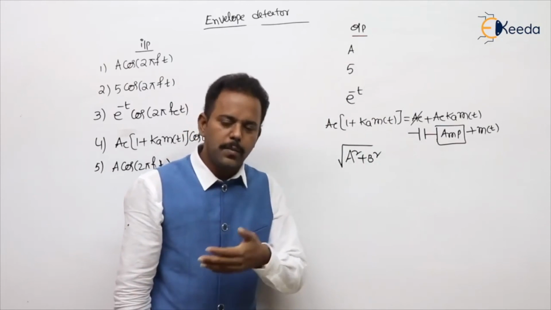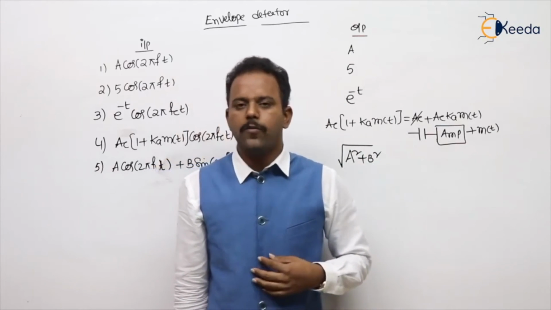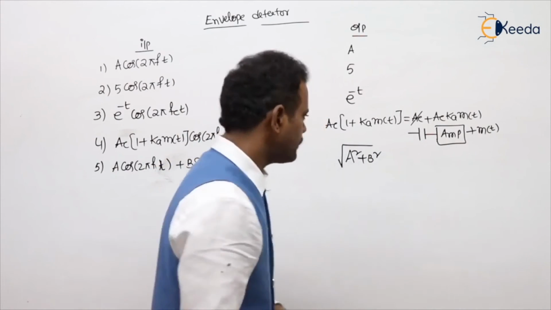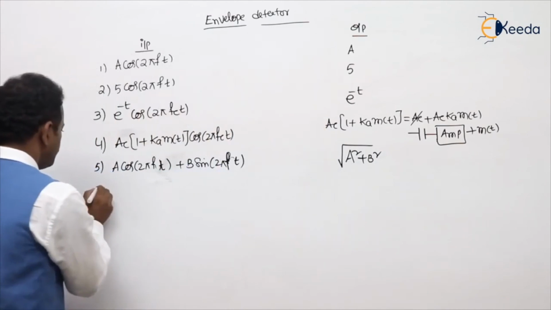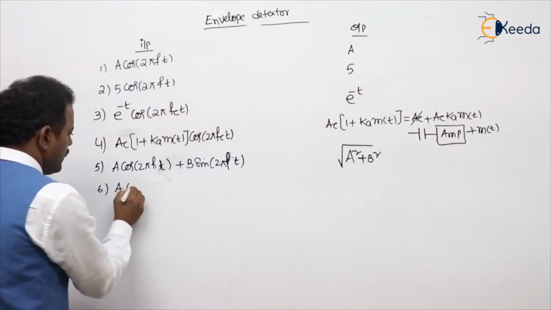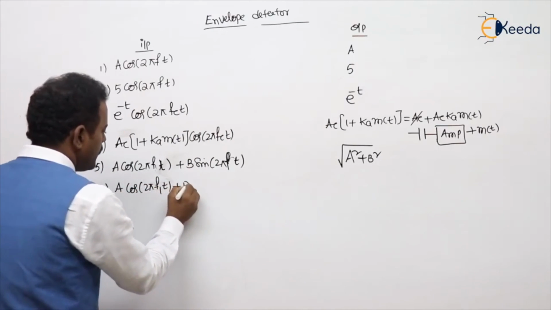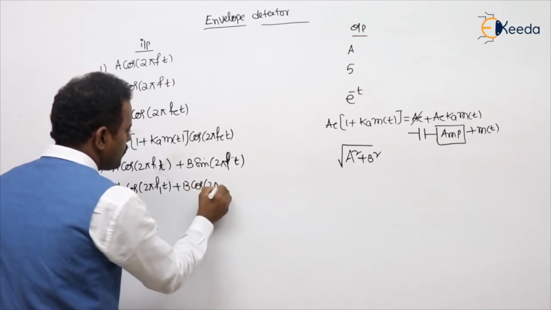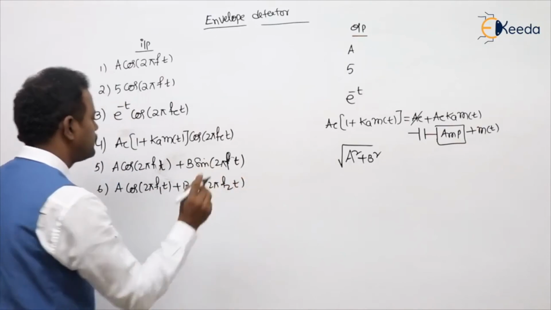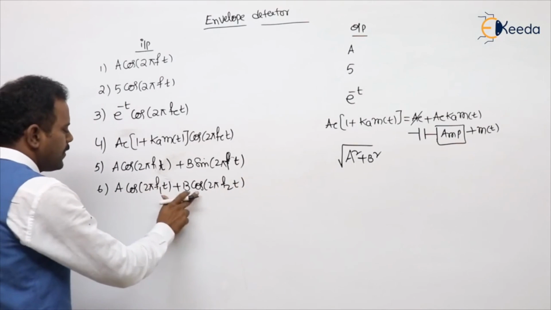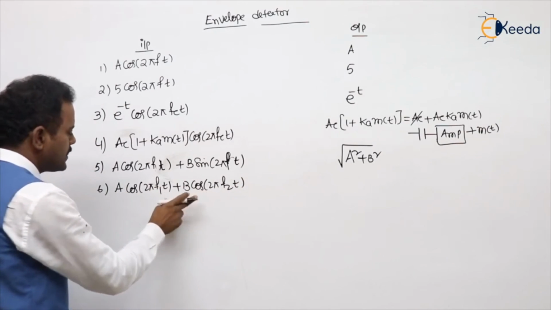How did we get it? A similar calculation of maxima and minima. Another case: A cos 2 pi F1t plus B cos 2 pi F2t. Both are the same functions, with different frequencies.